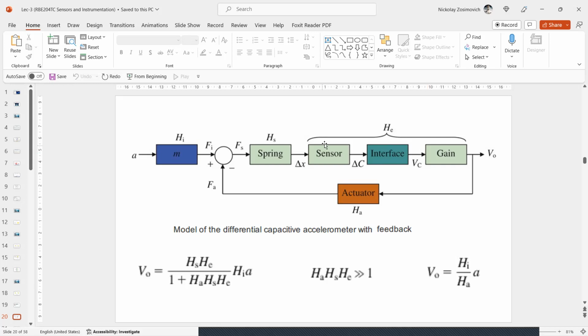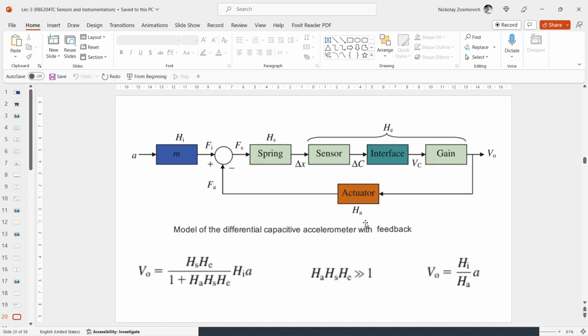The only requirement is a small zero error. So actually, the requirements with respect to the sensor quality have been transferred to those of the actuator. The system transfer depends only on the seismic mass M on the left side of this scheme and the actuator transfer HA.